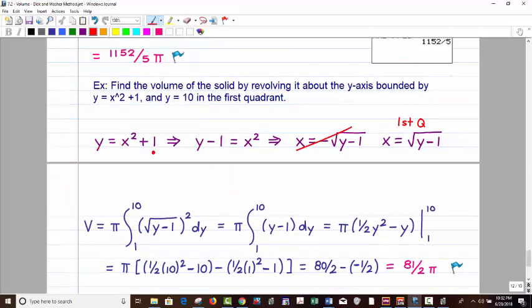So just take y equals x squared plus 1, move the 1 over, make it negative, take the square root. We don't need both answers. You'll never need both of these. Just one is fine. Because like I said, the whole formula is built into the idea of it already revolving and including the other side. So you don't have to have two equations.